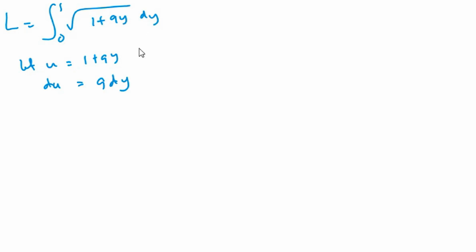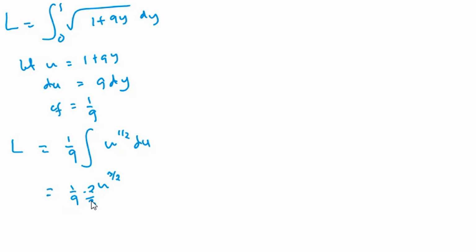Since we have dy here, we have a coefficient factor of 1 over 9. Rewriting, the length is equal to 1 over 9, which comes from the coefficient factor, times the integral of u to the power of 1/2 du. Integrating that, we have 1 over 9 times 2/3 of u to the power of 3/2, evaluated from 0 to 1.